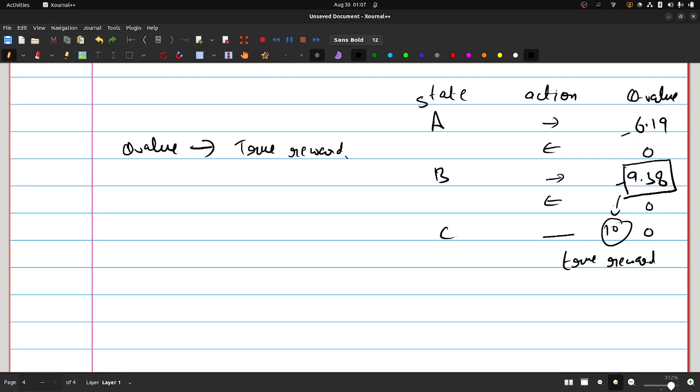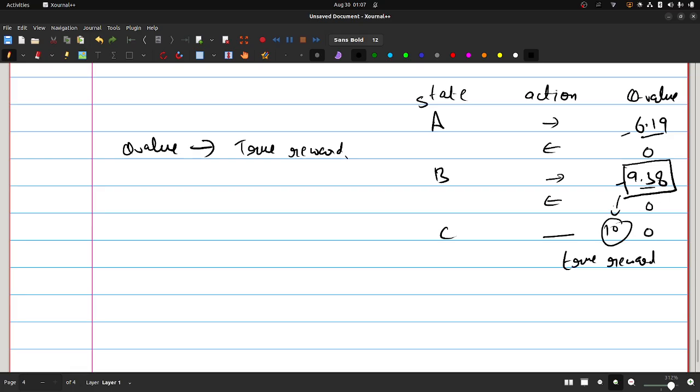So this is the way in which the agent will learn, based on the Q values, which action it needs to take at which state. The higher the Q values are, the higher the probability that the agent will take this action during the exploitation phase.